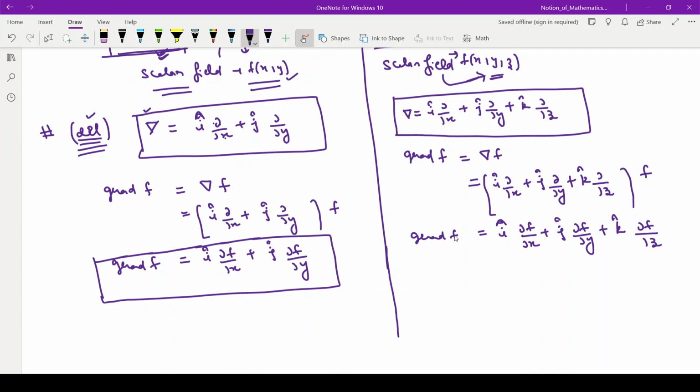It is the gradient of f in the three-dimensional approach.